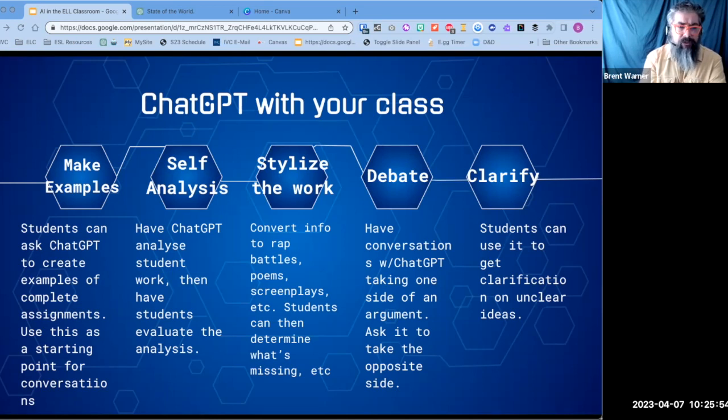They can also do self-analyses. So one of the ways that I had it the very first day in January of class, I had my students jump in, they're writing their paper, and then I put their work into ChatGPT, and I asked ChatGPT to analyze their work.